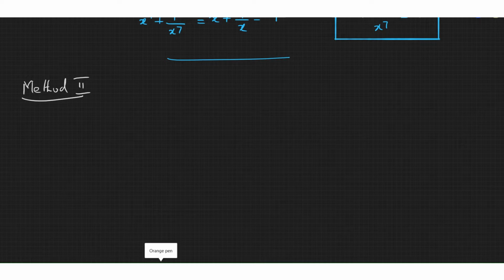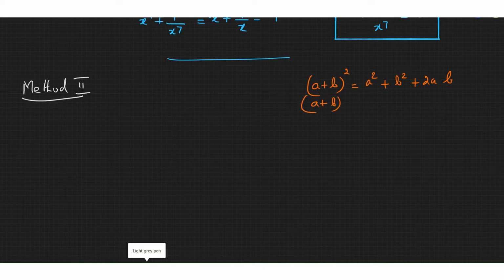I'm recollecting the two important algebraic identities I have. A plus b the whole squared is a squared plus b squared plus 2ab. And a plus b the whole cubed is a cubed plus b cubed plus 3ab times a plus b.